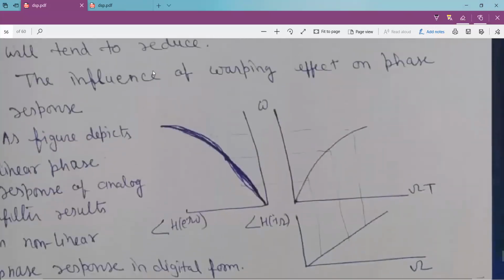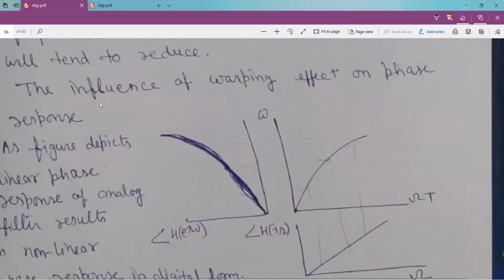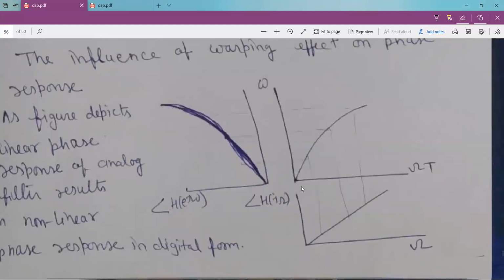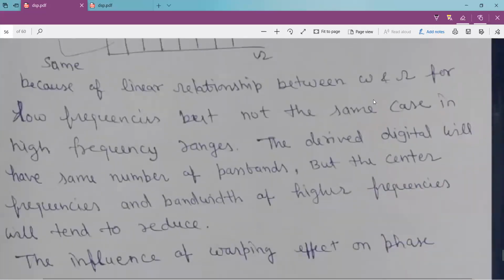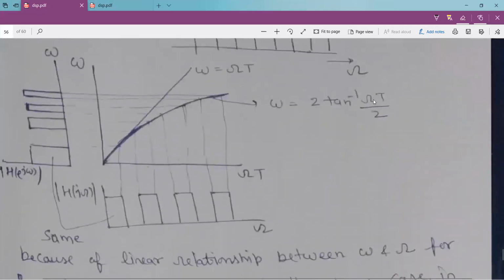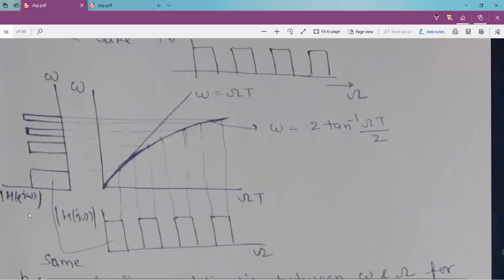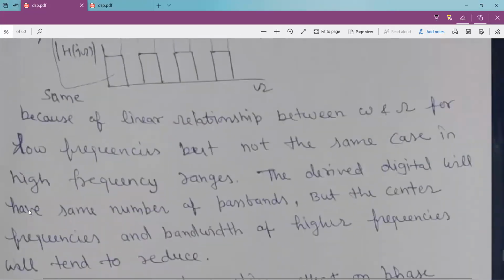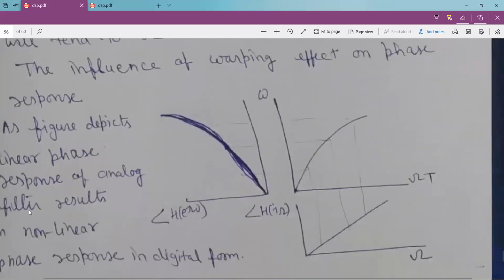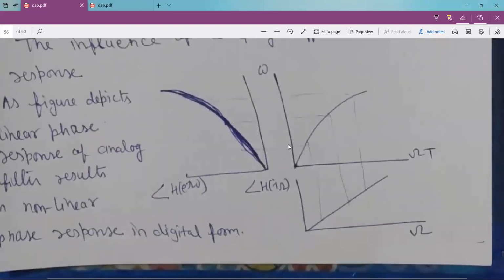Before going to the pre-warping, first we will also see the effect of this nonlinearity on the phase relationship. Here you have seen the relationship for the magnitude part of the frequency response, and in this figure there is the phase part of the frequency response.